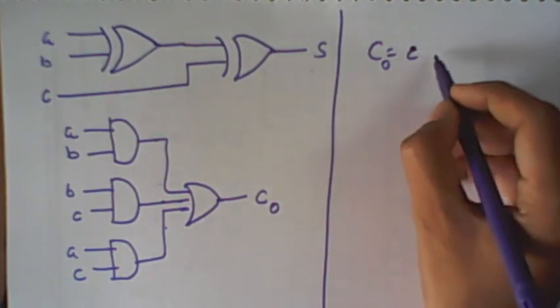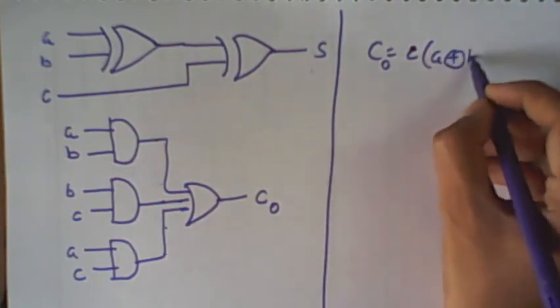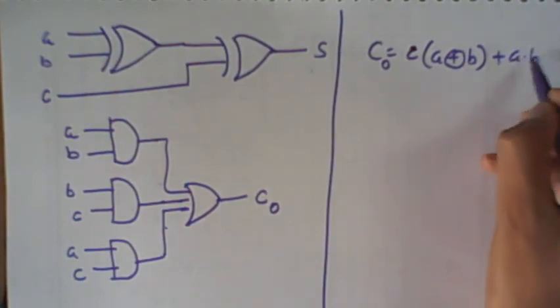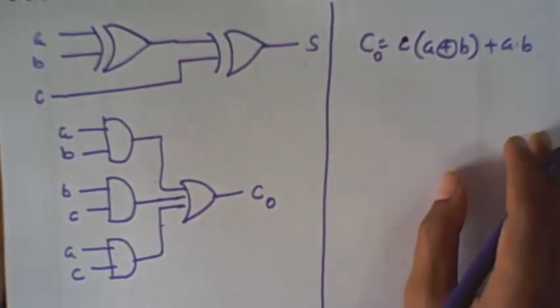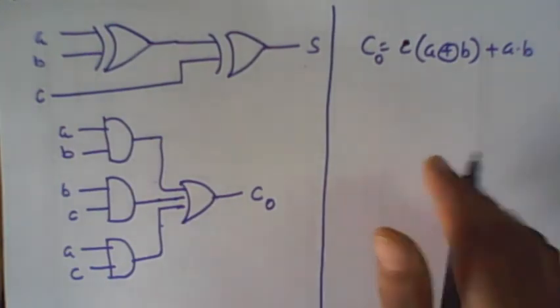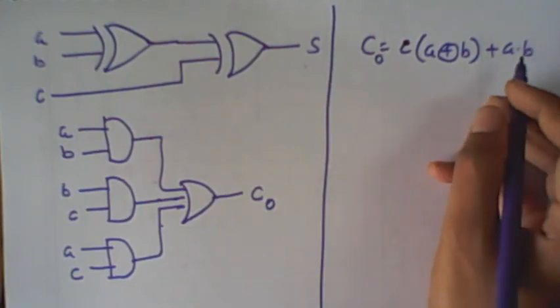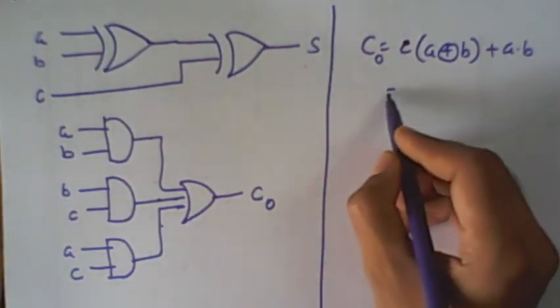So carry out is C ANDed with A XOR B, plus A into B. Right? This we can also write as the carry. Right? Let me prove this carry out. It is equal to A into B plus B into C plus C into A.